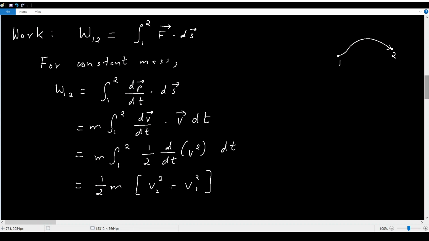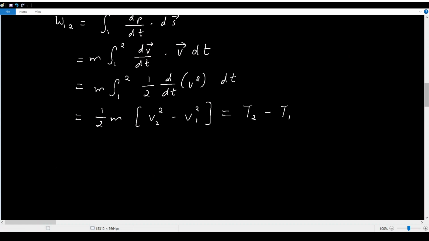So half mv squared at position 2 minus half mv squared at position 1, we will denote this quantity as T, and you should remember that half mv squared is of course called the kinetic energy, the energy associated with the motion.